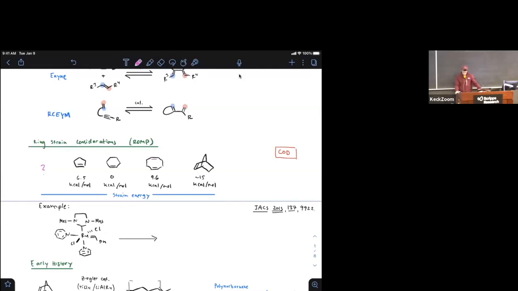You see the associated strain energies. Whereas if you were to propose ROMPing something like cyclohexene, then someone would rightly point out that you have no thermodynamic driving force because that is a relatively unstrained cyclic alkene monomer. So what will happen is open and close, and nothing productive will happen. You're a little bit better off when you use cyclopentene because there is enough ring strain that under some conditions you can efficiently ROMP that.